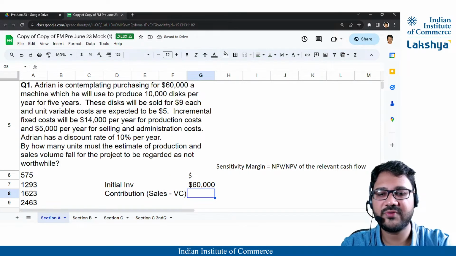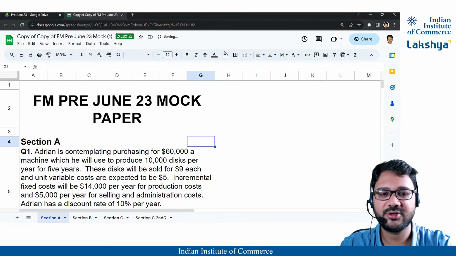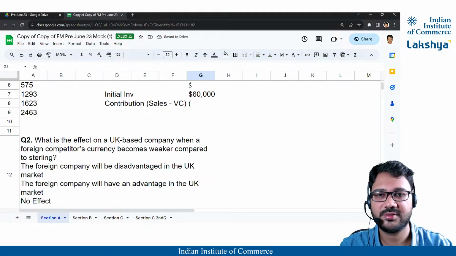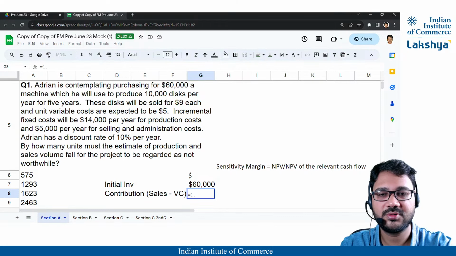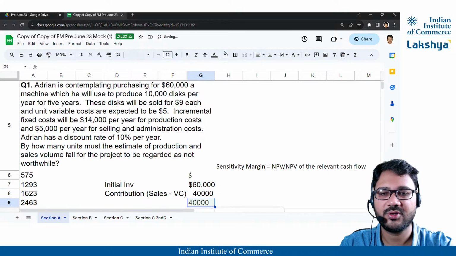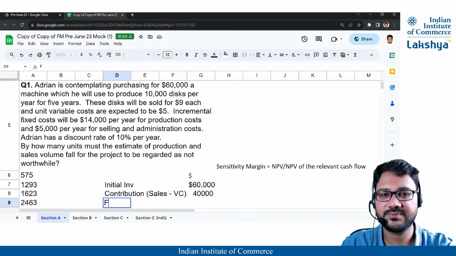So sales minus variable cost is $9 minus $5, times 10,000 units sold. All right, so that's our contribution. And then we have our fixed cost.